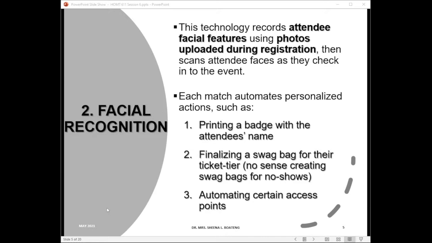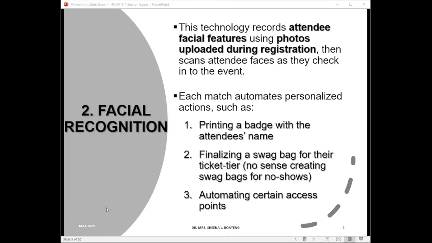Personalized actions in terms of certain things that have to be done with regard to the personal information of the individual in question, including their facial features, being their pictures, their name, their age, among other things that are specific to them. So through facial recognition, event professionals and organizers can automate various personalized actions like printing a badge for an attendee at an event, or printing a name tag.